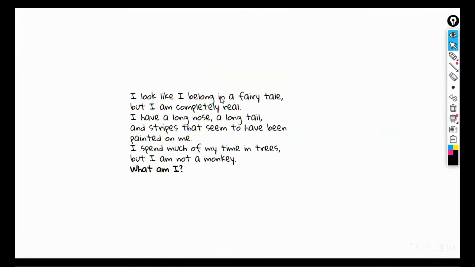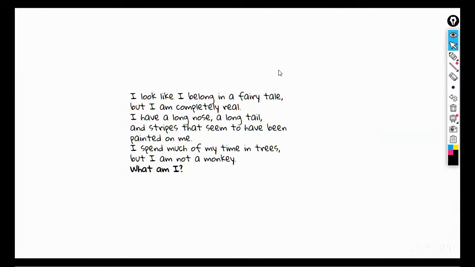I spend most of my time in trees. What am I? It's an animal. Stripes that seem painted on. All right, anybody thinks they know? Now you could tell me. A red panda.